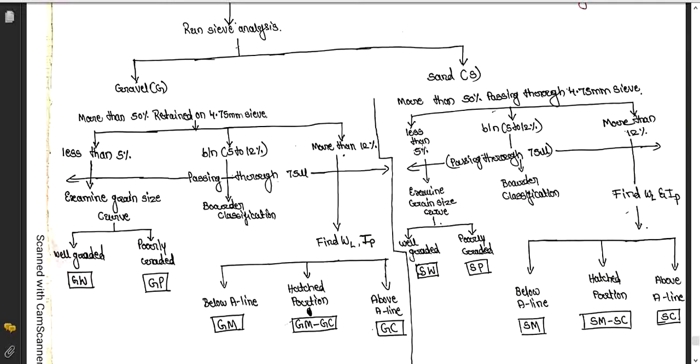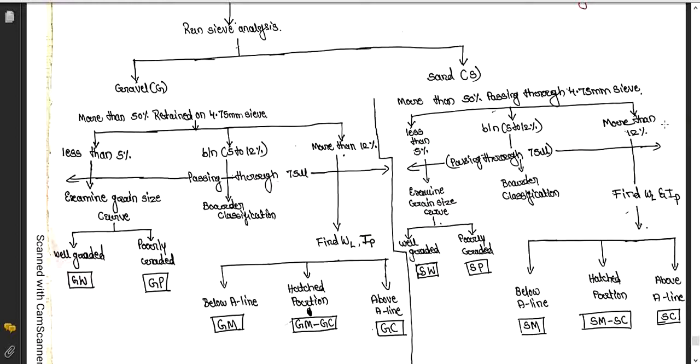If it is less than 5%, examine the grain size curve. It is well graded or poorly graded. It is going to give us SW and SP. Similarly, if the soil passing through 75 micron sieve is in between 5 to 12%, it is going to come under border classification.